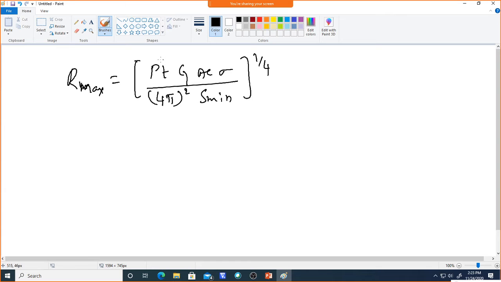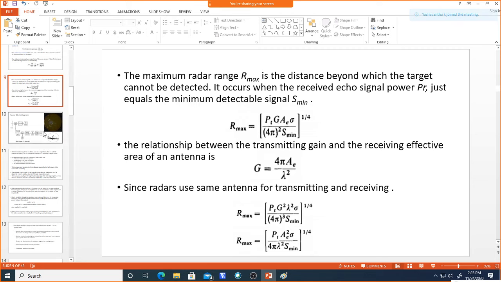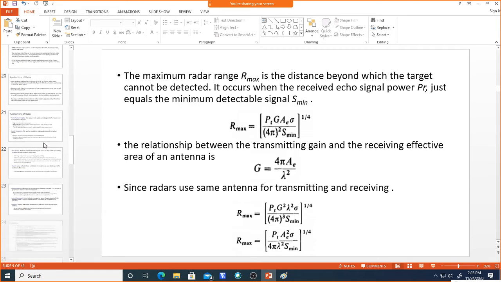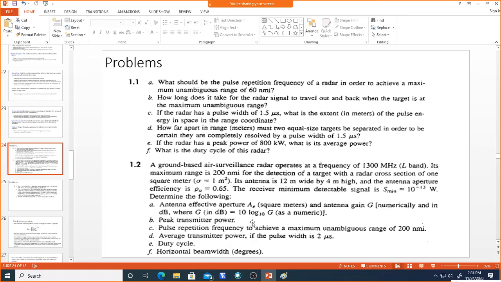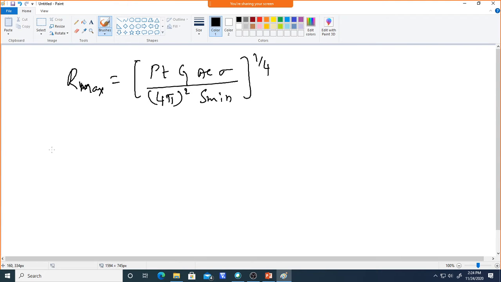Now we need to find out the transmitter power. What are the parameters which are given? The gain we have calculated, lambda we know, sigma is given, and the maximum unambiguous range is given as 200 nautical mile. The minimum detectable signal is given as 10 power minus 13. Substitute all these things, so we will get it.